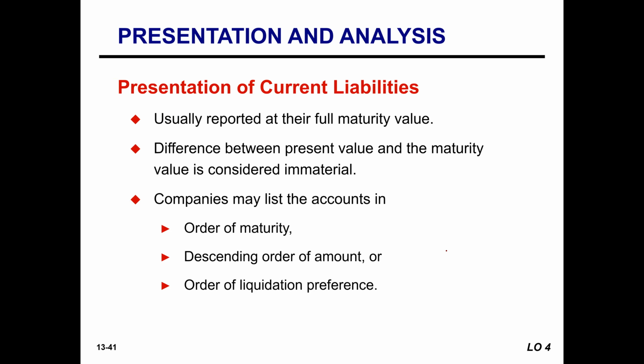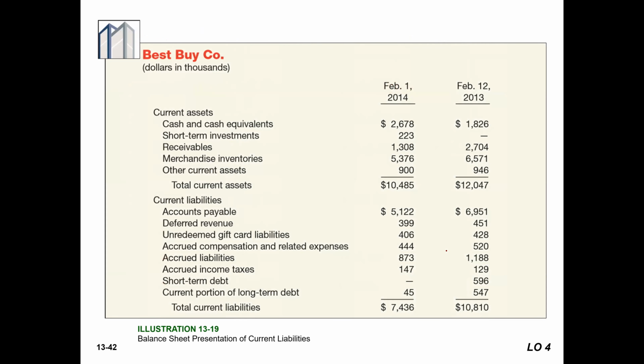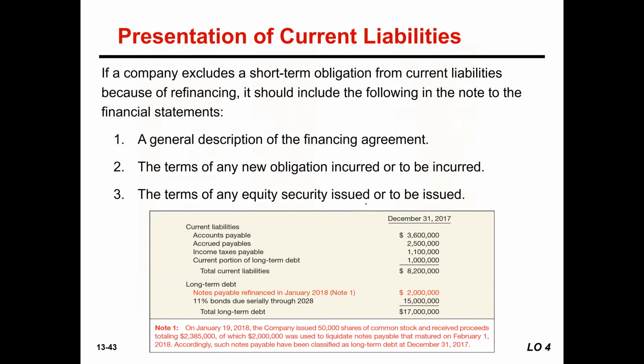It's up to the company. Here are two examples of the current liabilities section, for Best Buy for 2014 and 2013. Okay, I think we're probably good with that.